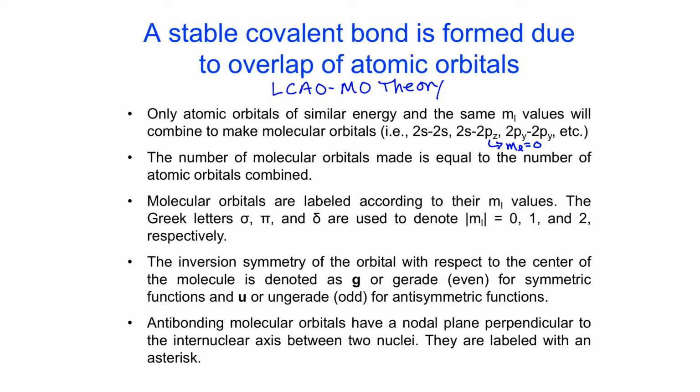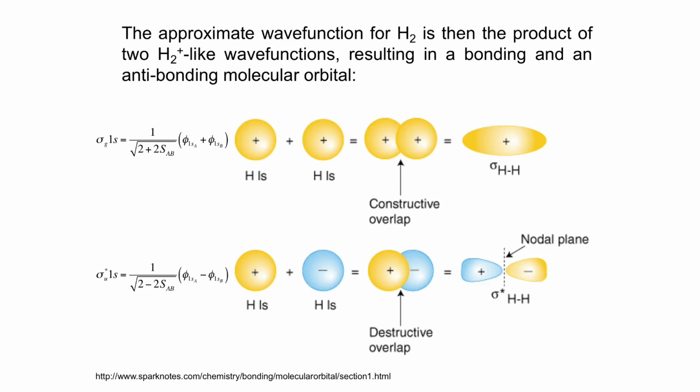If your node is along the internuclear axis between your two nuclei, that's not going to be considered an anti-bonding orbital. Again, we'll see some examples of these with some pictures in a minute.